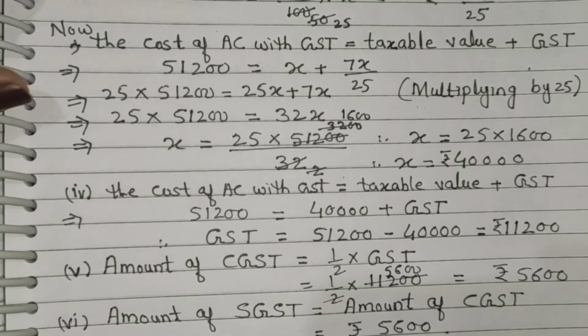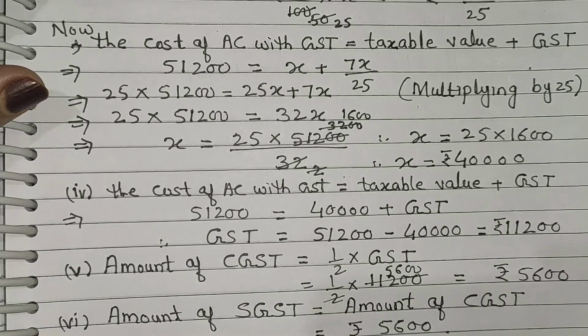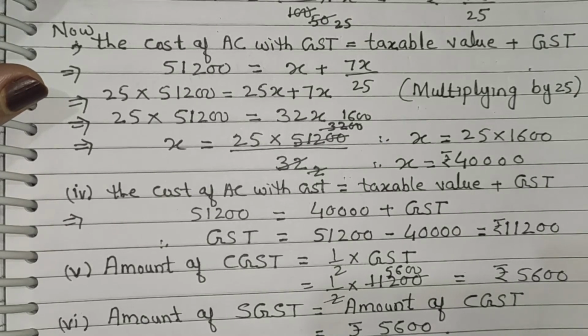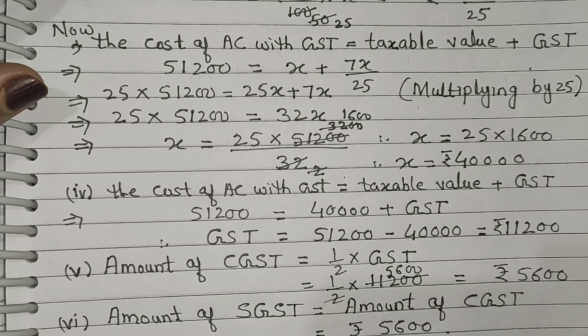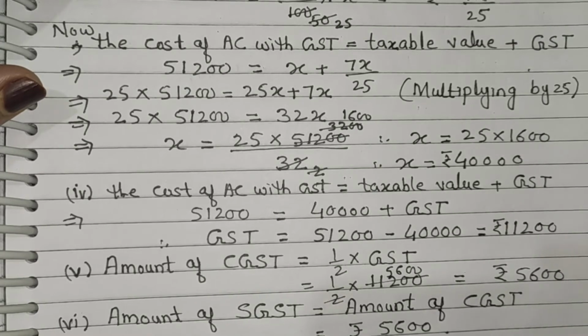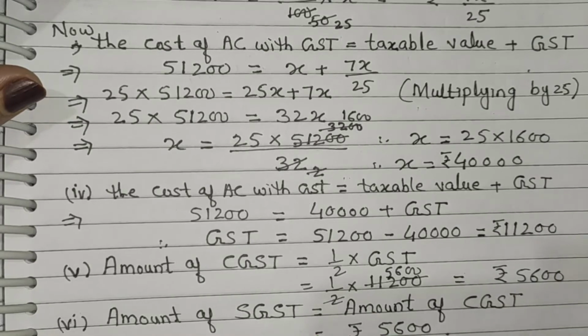First, rate of SGST is equal to 14%. Now the second one is rate of GST is equal to 28%.